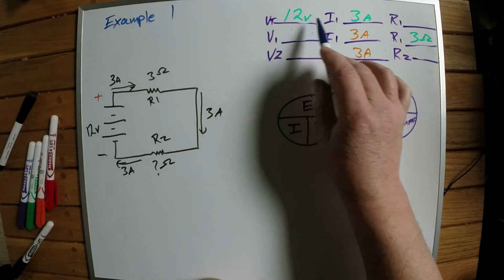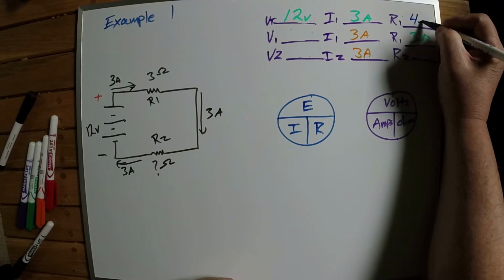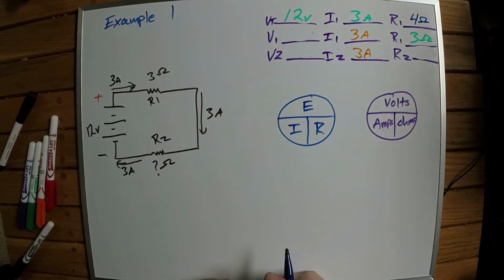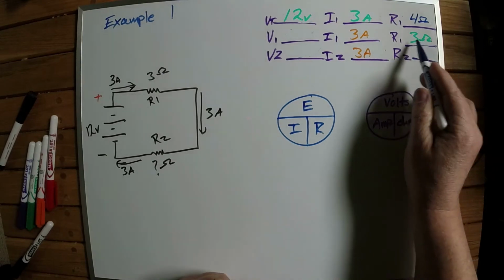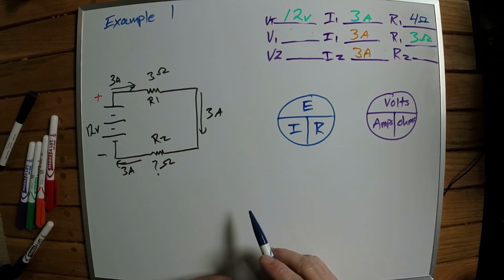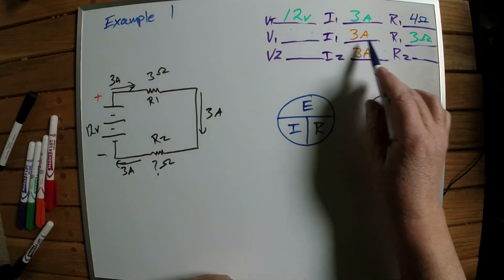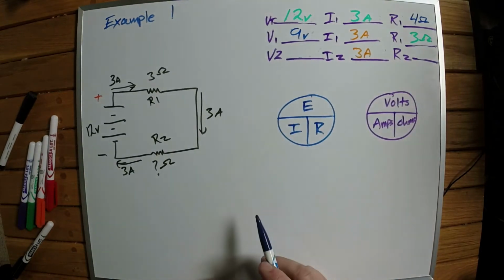So 12 volts divided by 3 amps gives me 4 ohms, because 12 divided by 3 is 4. And over here I can calculate my voltage drop on this one by multiplying. So 3 times 3 is 9 volts.